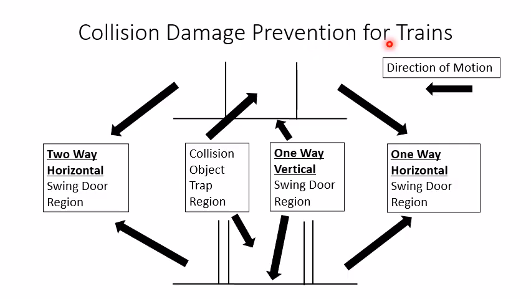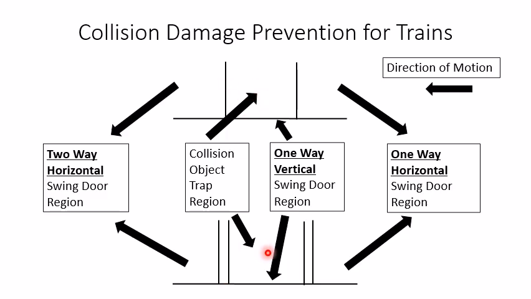Collision damage prevention system. Two-way horizontal. So this is one framework, and this is the second framework. The first is two-way horizontal swing doors.